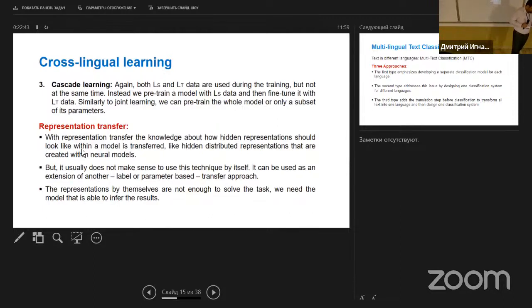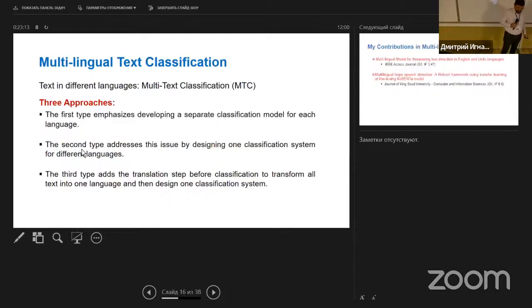Then we can use this representation transfer methodology. But there is a limitation with this methodology, that it is usually not used as a standalone. It is used as an extension of the other methodologies, like we can use label transfer with this representation, or we can use the parameter-based transfer methodology with representation transfer.